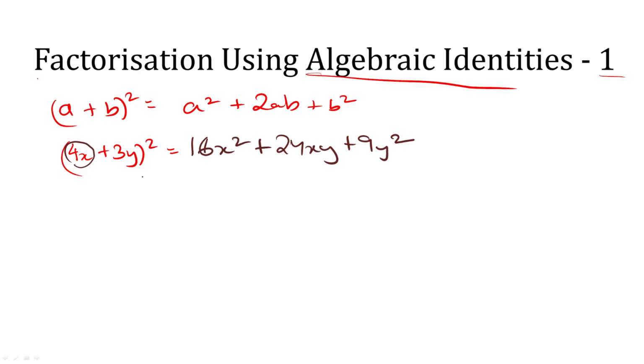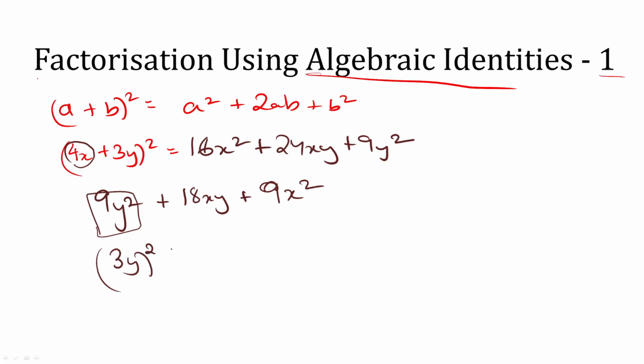Now we're going to do the reverse. We're asked to factorize 9y square plus 18xy plus 9x square. We can do this very easily. First, we can see that this is 9y square, so you can write this as (3y) whole square plus 18xy plus (3x) whole square.